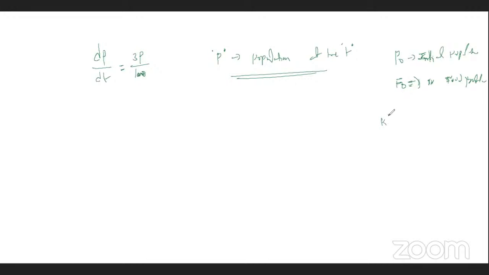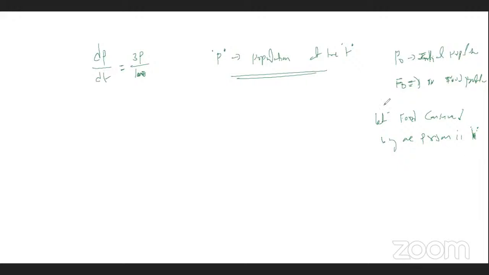So suppose, let food consumed by one person is K. So initially, what is the total food consumption?